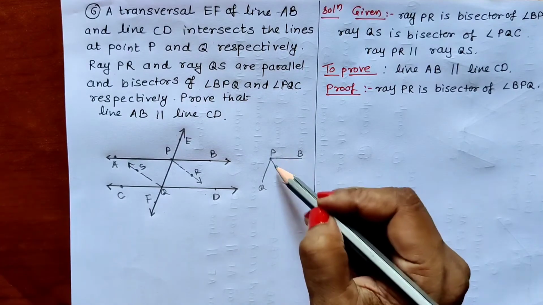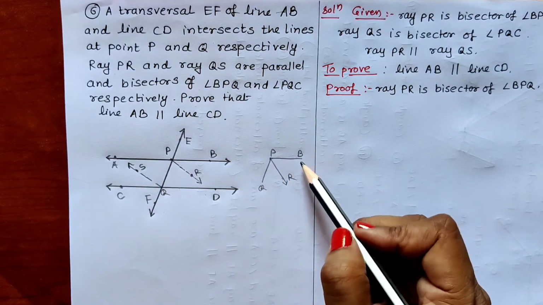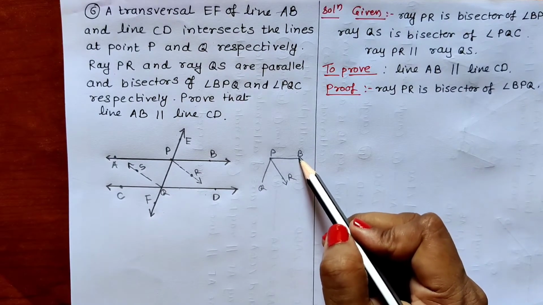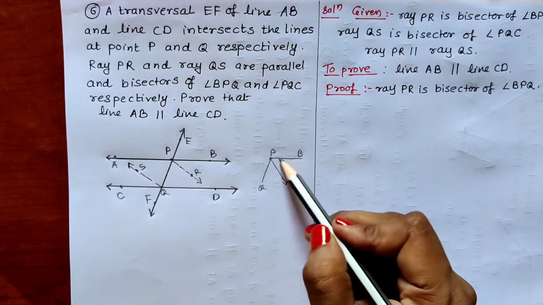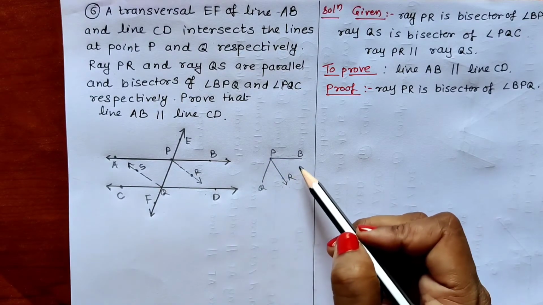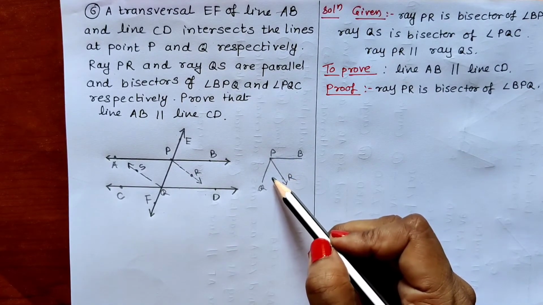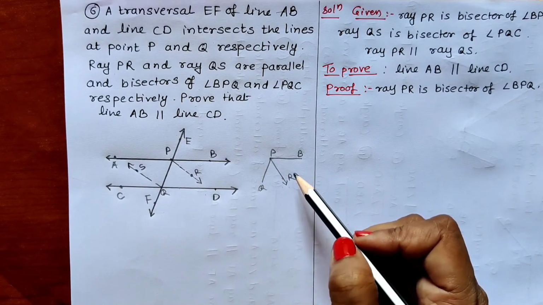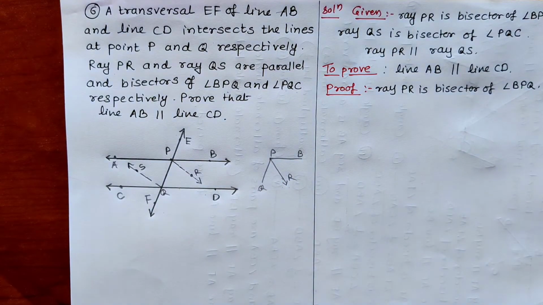So bisector means what? The ray divides this angle into two equal angles. Which two equal angles we can see? Angle BPR and angle RPQ. And these two angles will be half of this bigger angle. Correct? So we will be writing these two angles which are equal and they will be equal to the half of this angle.